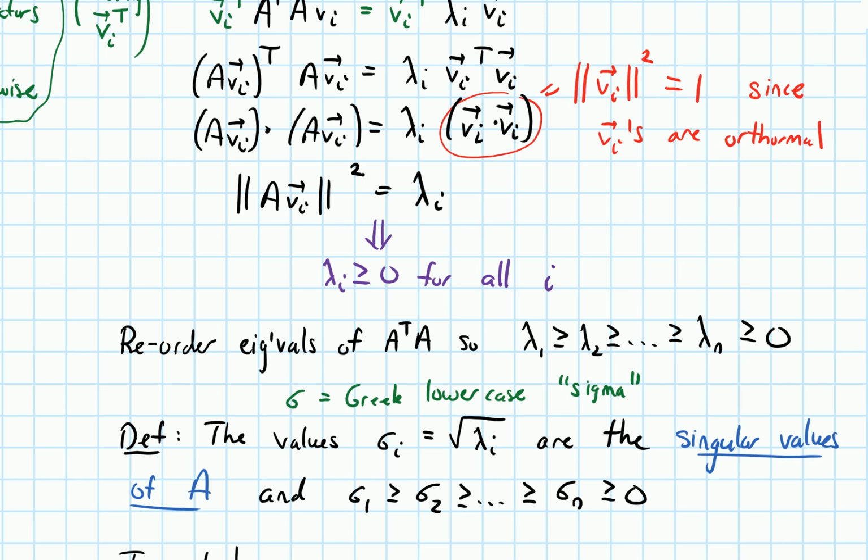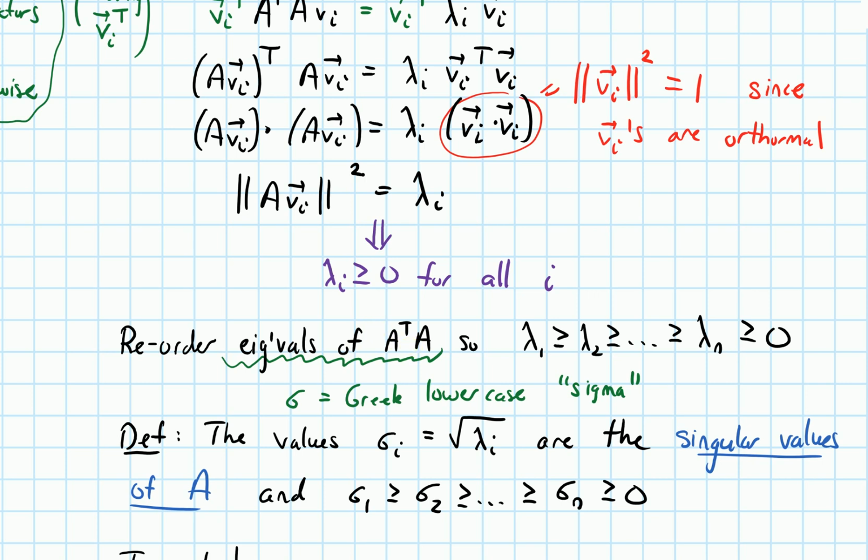So sigma_i is the square root of lambda_i. These sigma_i's are called the singular values of A. Notice that the way the singular values are ordered matches how their corresponding eigenvalues are ordered. So sigma_1 is the largest singular value, and sigma_n is the smallest. The singular values of A correspond to the eigenvalues of A transpose A, not to the eigenvalues of A.